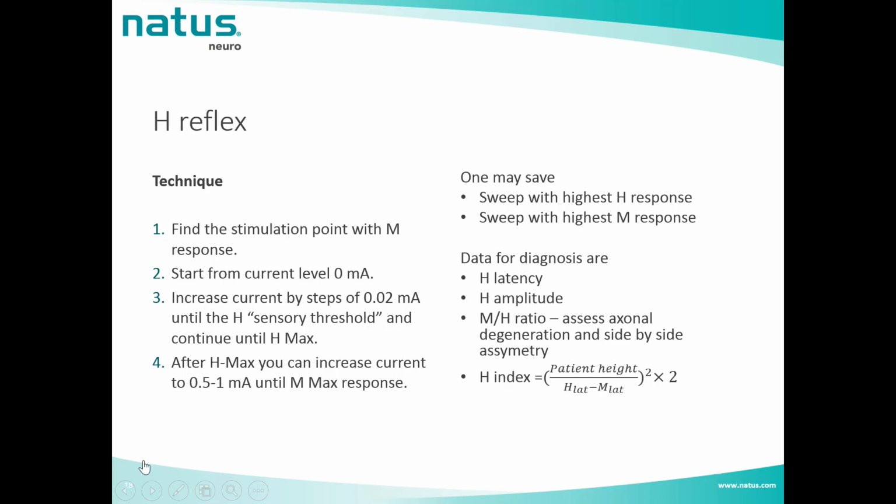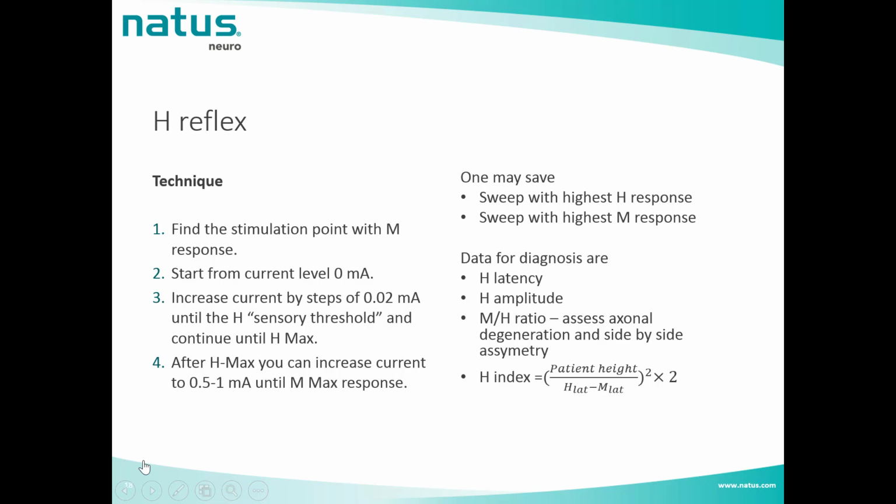After we reach the maximal H response, we can increase the current by bigger steps of roughly 1 mA until we reach our supramaximal motor response. We save the sweep with the highest H response and the one with the highest M response.